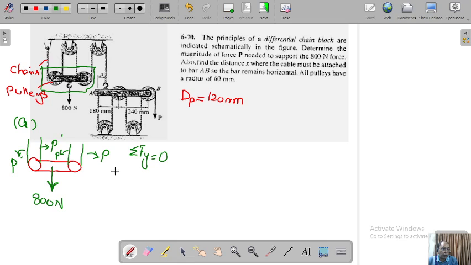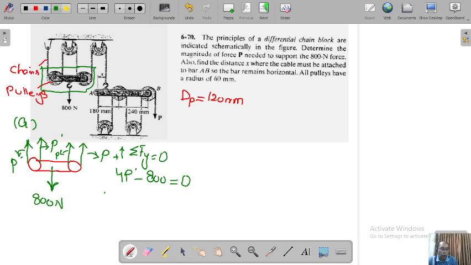You know the sense of the forces is upward here, here, here, and here. So you're going to get 4 times P dash, and the weight is along the negative y. Taking plus y, 4P dash minus 800 is equal to 0.